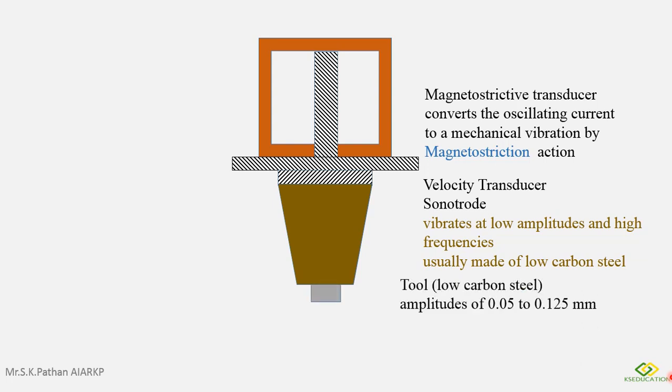Below this sonotrode, we keep a tool, also low carbon steel, which provides an amplitude of 0.05 to 0.125 mm. Here, these two parts, sonotrode and tool, are not different, they are the same, but for understanding purposes I am showing the tool as different.